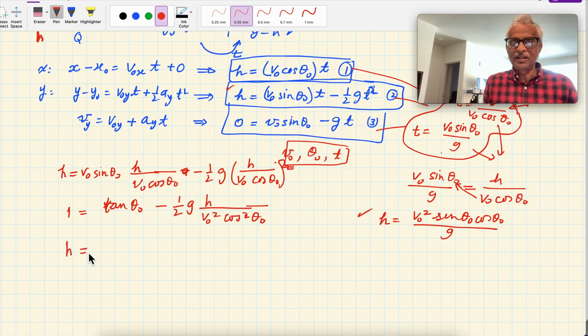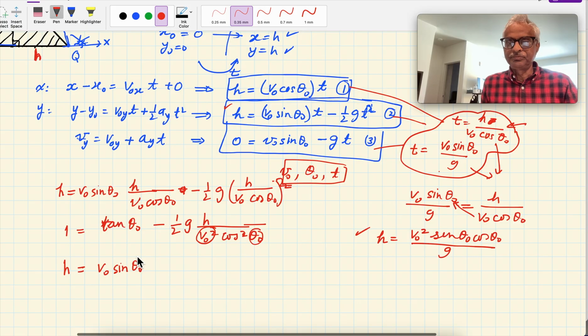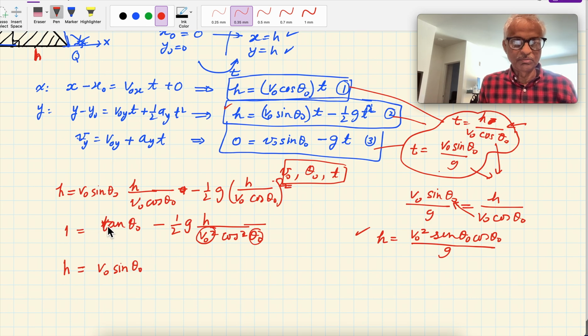h is equal to, so I still got two unknowns in the same equation. So I got a v0 sine theta 0. Okay, so I'm looking at this, maybe I can make progress, but this v0 here was cancelled out, but v0 here remained.